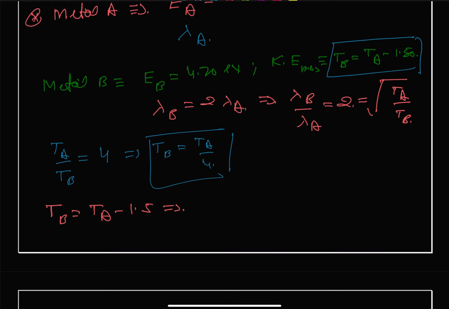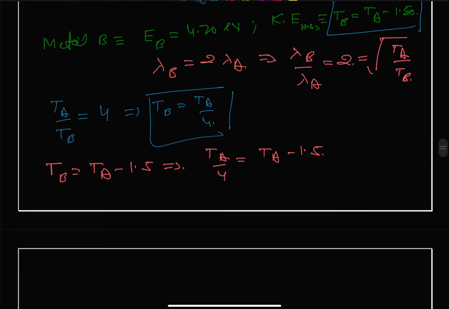So we substitute the value of our TB: TA upon 4 is equal to TA minus 1.5, and this gives us TA is equal to 4 times TA minus 6, and from here we get 3 TA is equal to 6, giving us TA is equal to 2 electron volt.